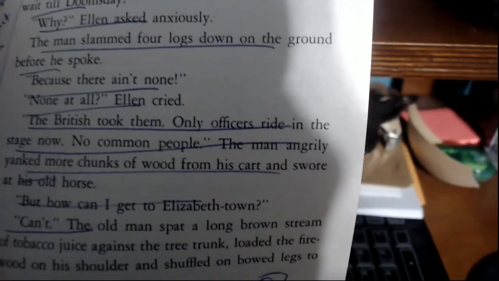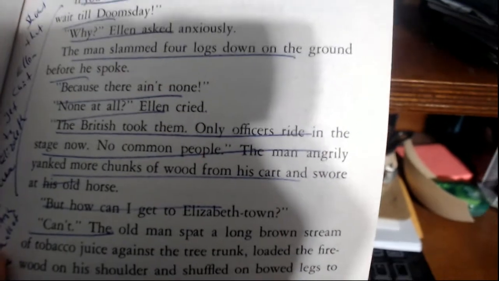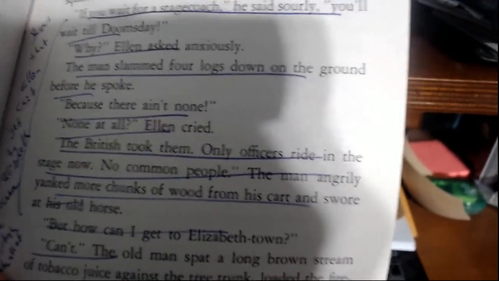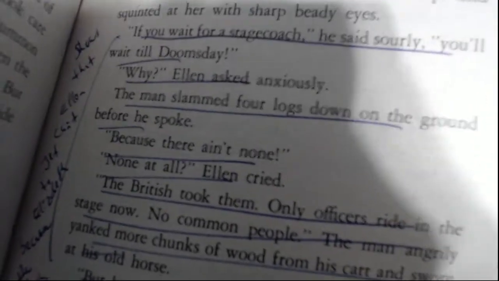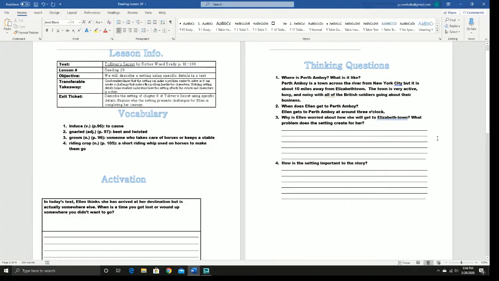Can't. And so this whole section here shows that Ellen wants to be able to just ride in a stagecoach, which is a cart that horses would pull, that people could take, almost like old style taxis, to get to and from where they were going back in these times.